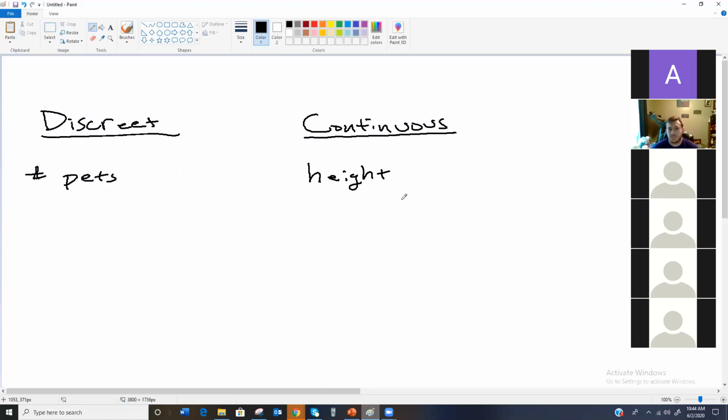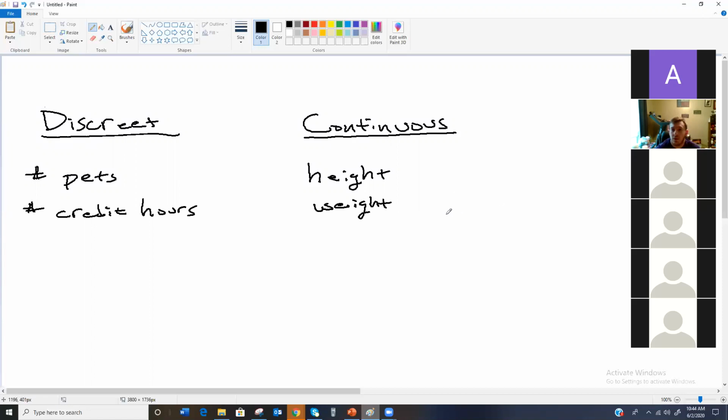Well, we already talked about number of credit hours. What about the weight of something? Continuous. Again, you could make it discrete, but if you're just weighing something, there's nothing that says it has to stop at 1 pound or 2 pounds or 3 pounds.